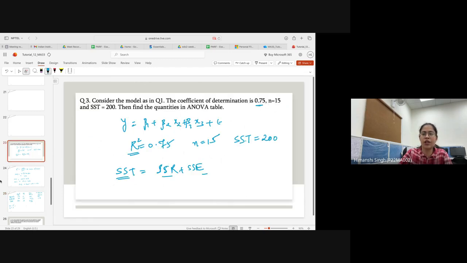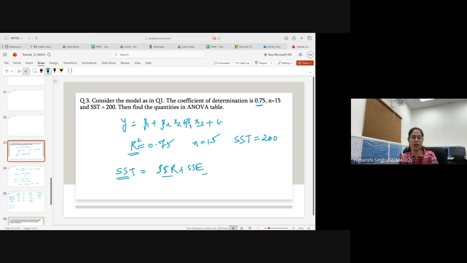So here we only knew about the R square and the SST, and also the number of observations. Now from this, by using the formulas, we find the sum of squares due to residuals, sorry, the errors, and the regression also.